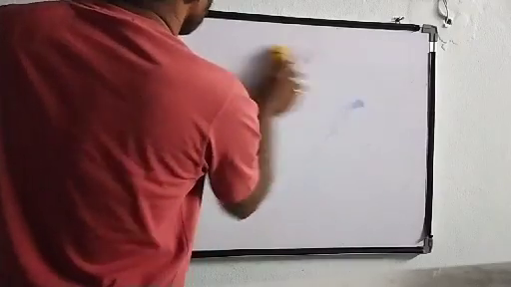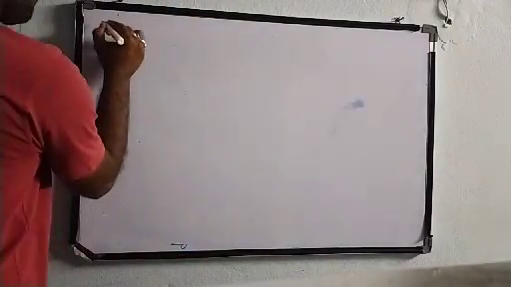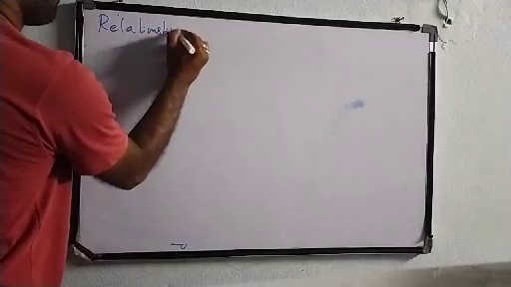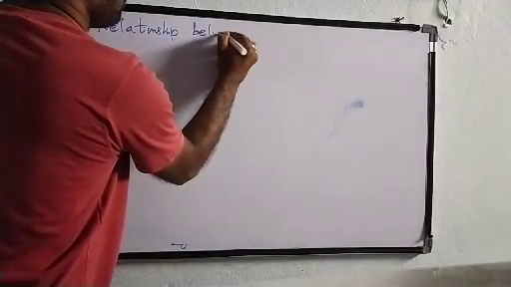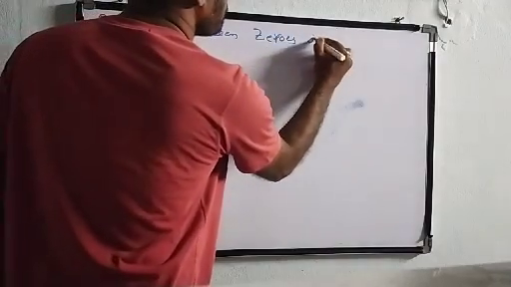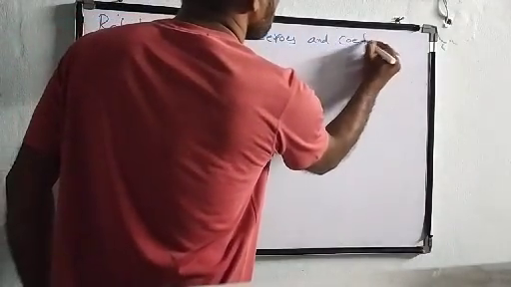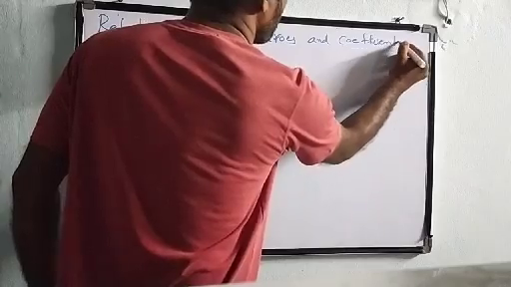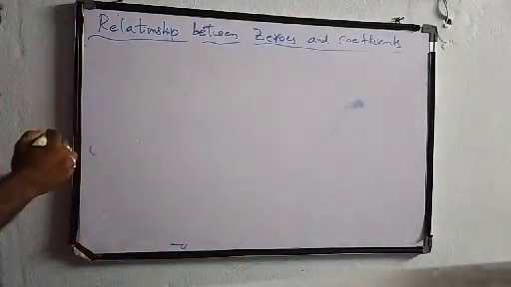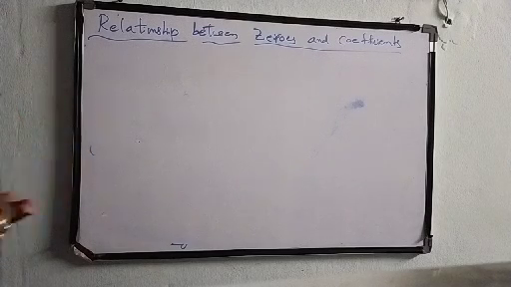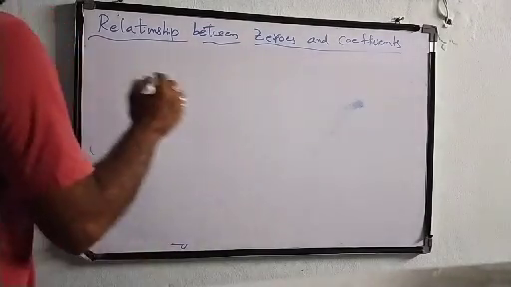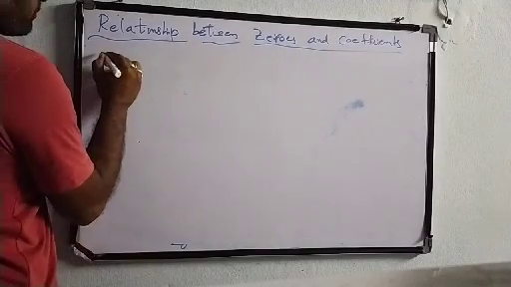Next, let us see the relationship between zeros and coefficients. Let us take a quadratic first.